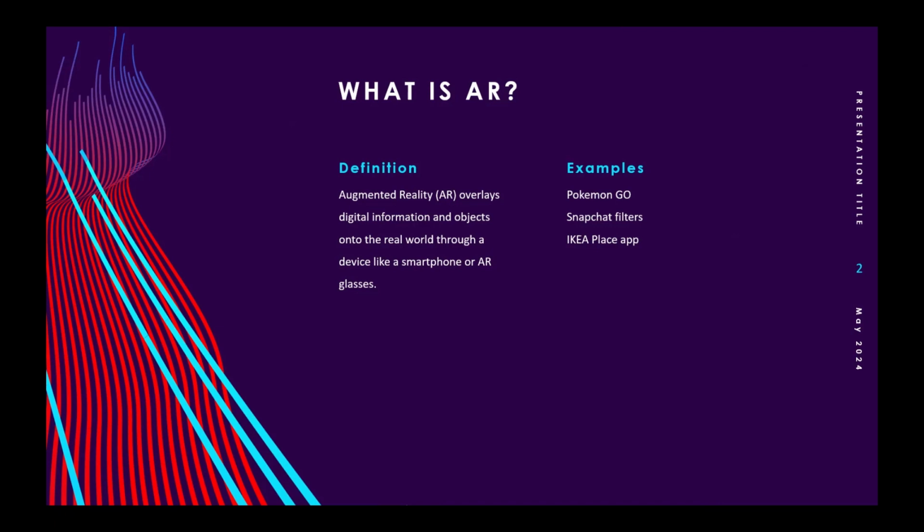In augmented reality, we are using real world entities and making augmented reality on those real world entities only. So augmented reality means adding artificial, or you can say non-living, objects into real world entities. In simple terms, that is augmented reality.